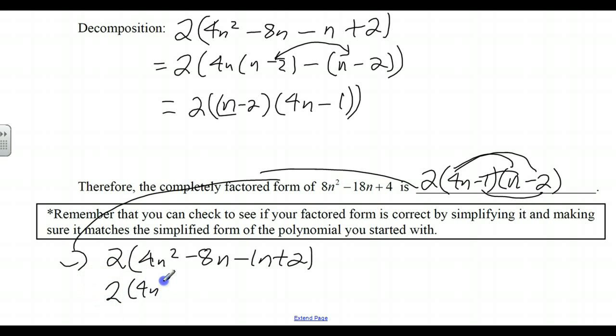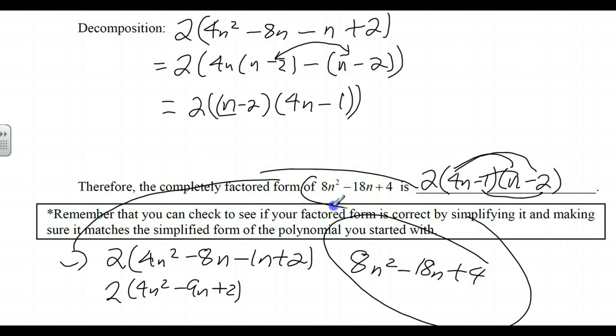So that's 4n squared minus 9n plus 2. Before we multiply, we collect terms. You don't need a 1 there. Multiplying by 2 gives 8n squared minus 18n plus 4, which is this.